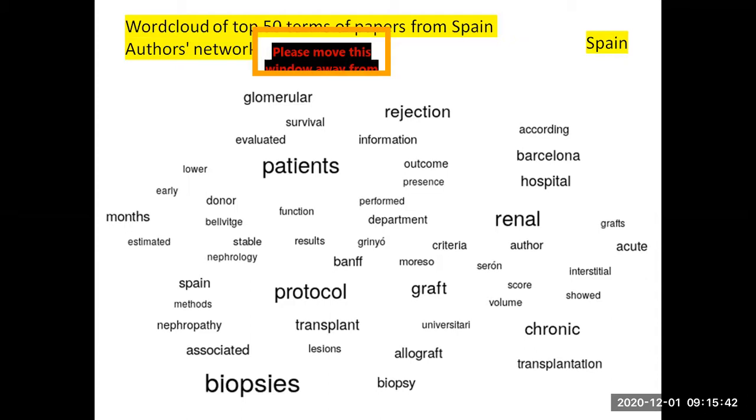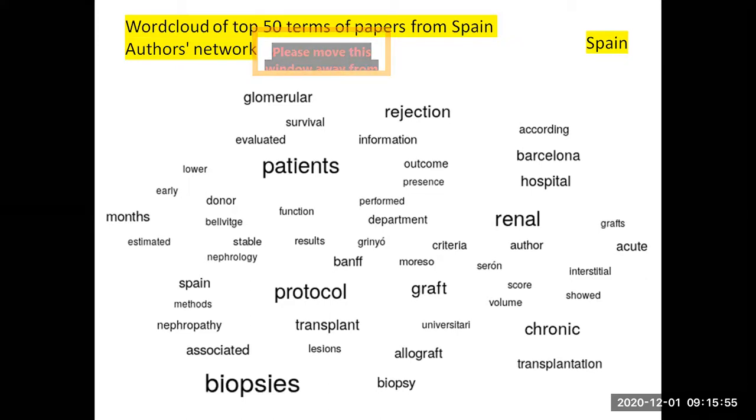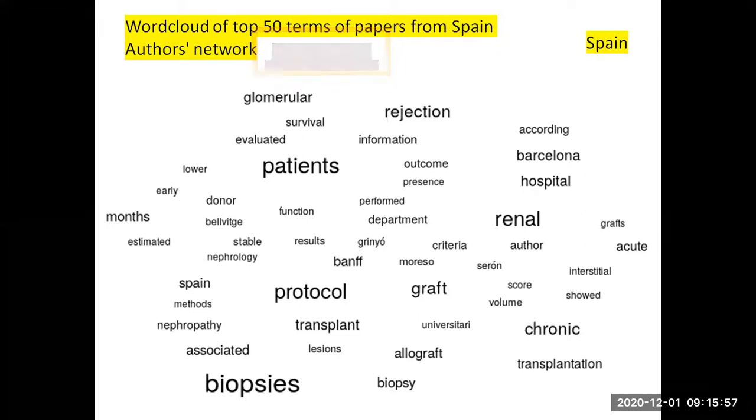Patients, of course, will come. Then it's mostly all about renal and kidney. And the word rejection is important. And you can see Barcelona, because that's where this research has mostly been going on.